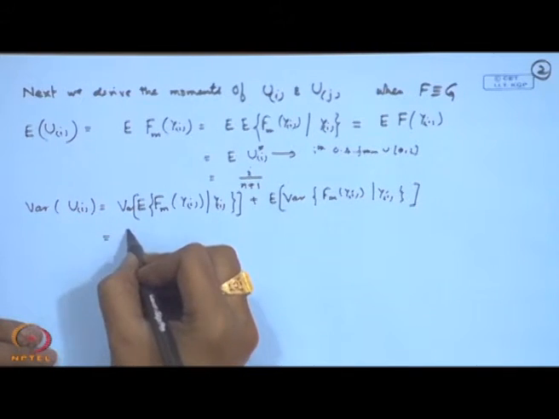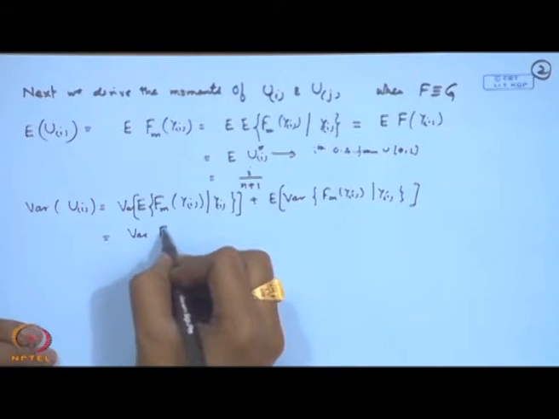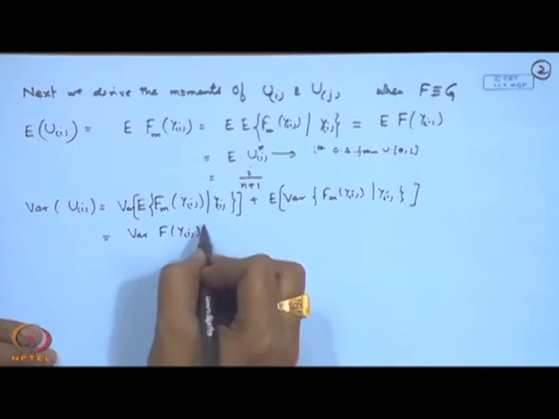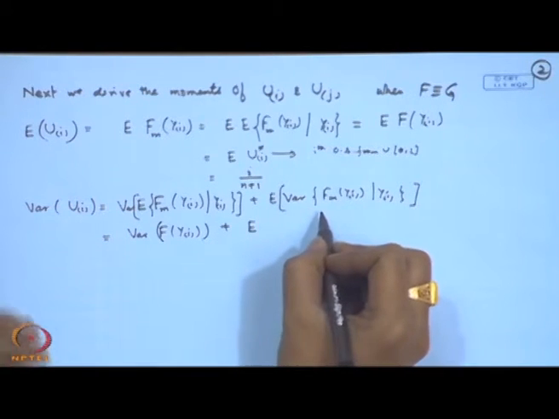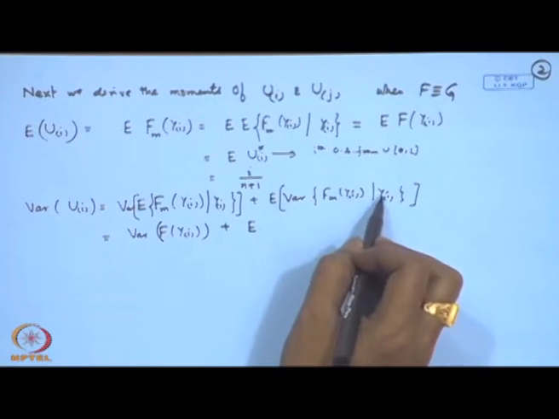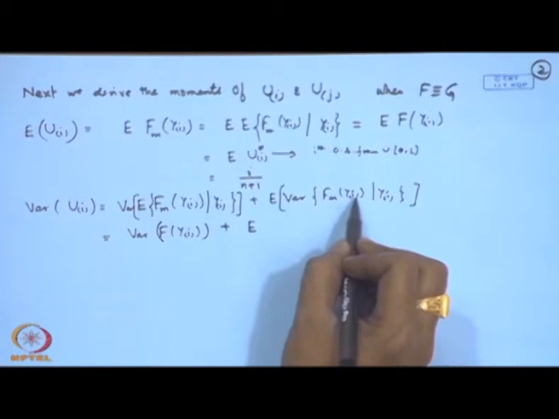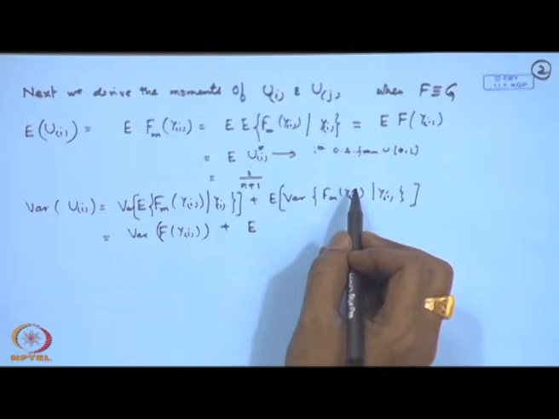Once again this inner term will become F(Y_i), and as we can see, the distribution of m F_m(x), that we have seen, is a binomial distribution. We have derived it in the previous class.